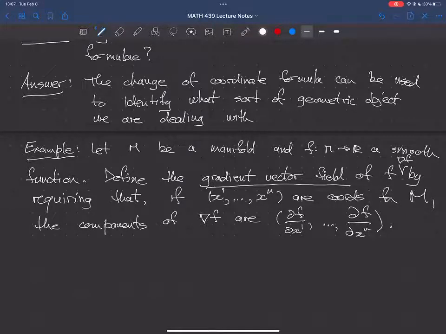Okay, fine. Now, is that actually a definition?